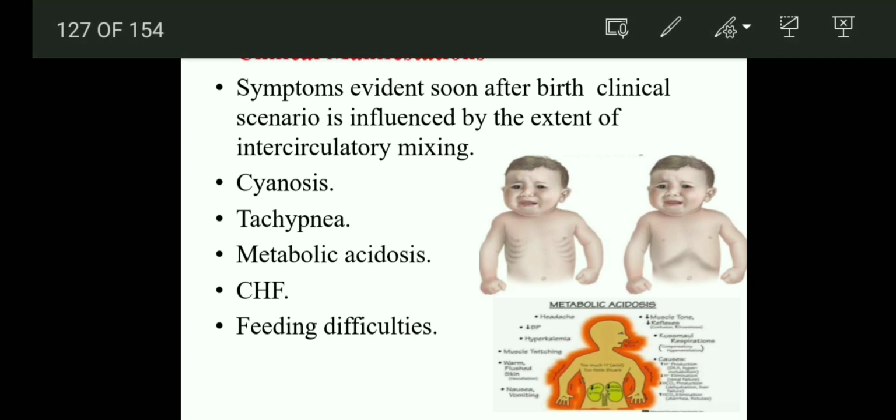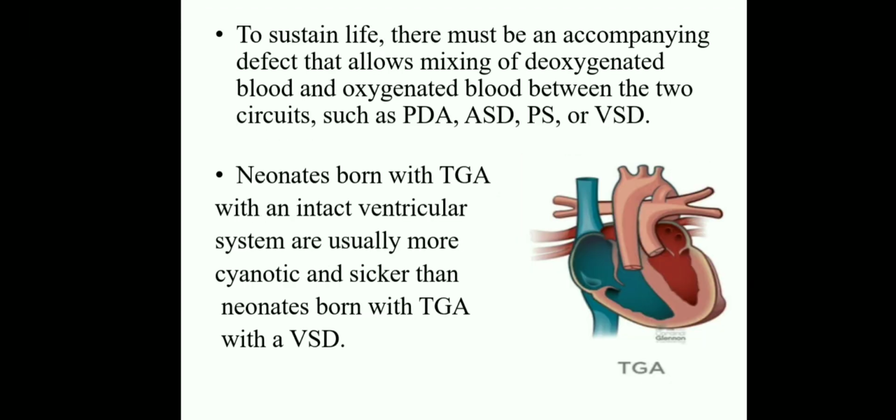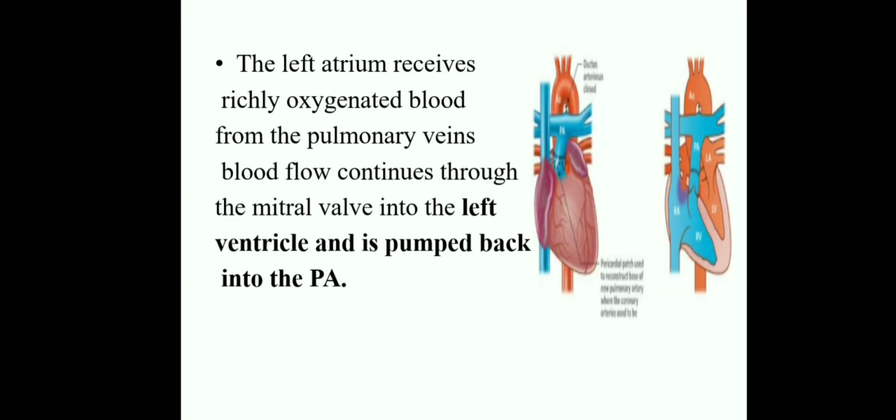Okay, have you remembered what is the pathophysiology? Look here, in this image I will tell. Here the right ventricle is having the pulmonary artery and the left ventricle is having the aorta. But here the normal process is deoxygenated blood enters the right atrium through the tricuspid valve.